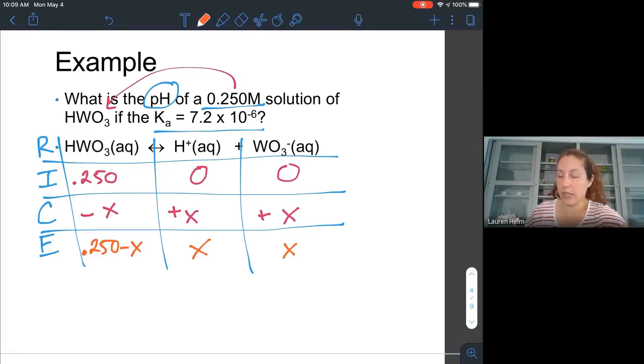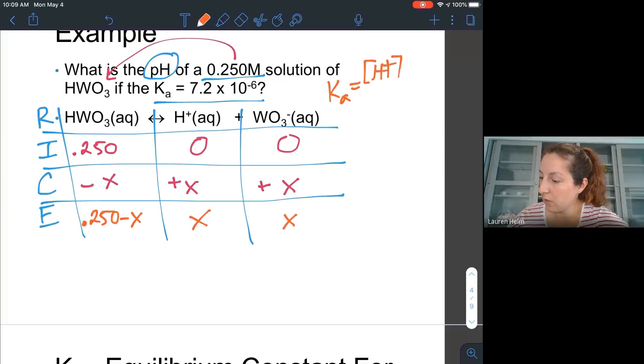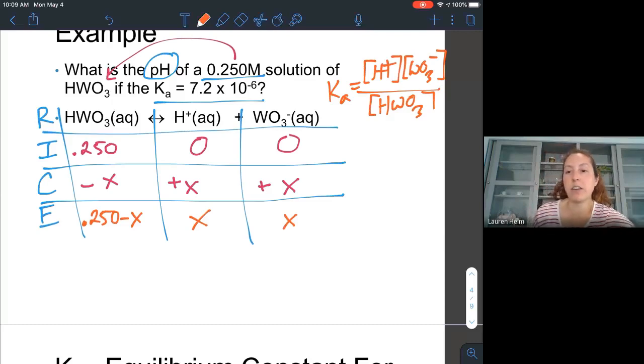So what do we do once we're here? Well, we can plug into our Ka expression. So I'm going to write that over here in the corner. That is hydrogen ion times our anion over the concentration of HWO3. Remember, if any of these had coefficients, they would be raised to their coefficients.